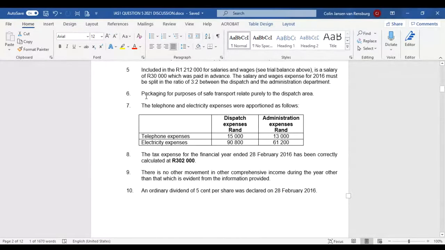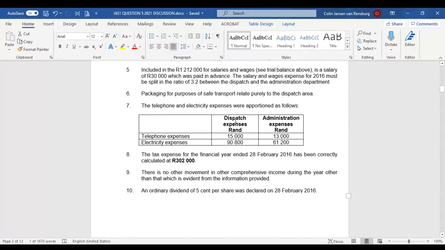Then in paragraph 6, they say packaging for purposes of safe transport relate purely to the dispatch area. So all your packaging expenses will be allocated to the distribution function, right? And there they say in paragraph 7, the telephone and electricity expenses were apportioned as follows.